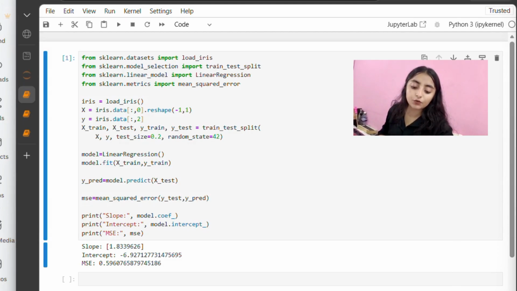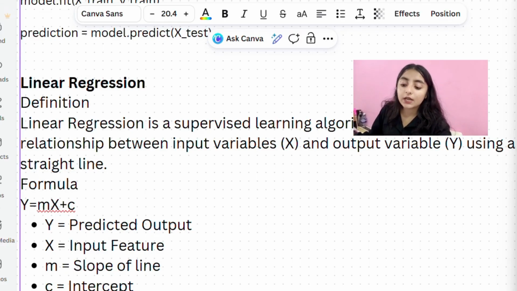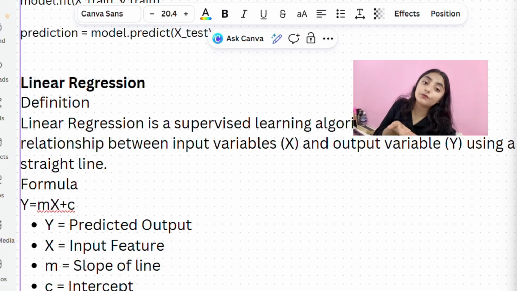If you go for a machine learning interview, the interviewer may ask some questions. What is the linear equation? We already know that: y = mx + c. What is the difference between linear regression and logistic regression? Linear regression predicts numbers with continuous output, for example salary, while logistic regression predicts categories with discrete output, like pass or fail.